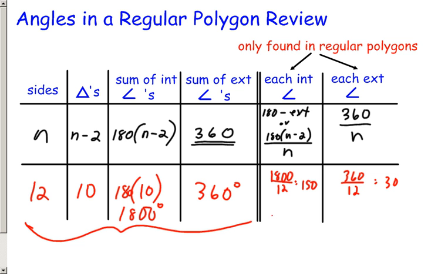And I could take 180 minus 30 and get 150 that way. Either way, if this is a regular dodecagon, it's got interior angles of 150 and an exterior angle of 30. That's one of the things you need to remember from chapter 7, I believe. Or maybe I'm wrong, maybe it was chapter 11. I think maybe 11.1, now that I think about it.